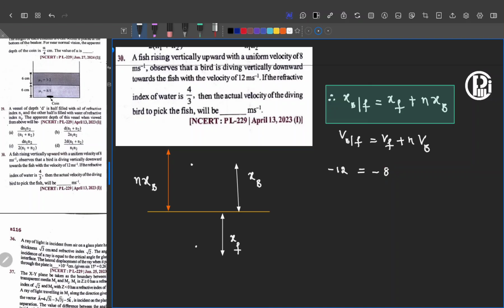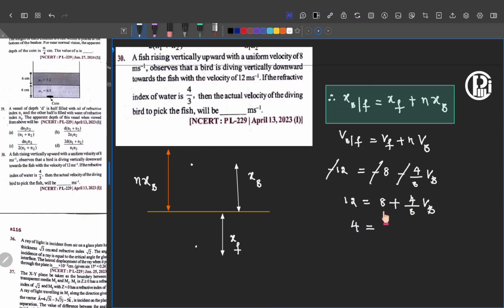So minus side plus, I know the refractive index, this can be written here, again it is a minus, so minus 4/3 into VB, right? Everything will be minus, so all the minus signs get cancelled. So 12 equals 8 plus 4/3 into VB.